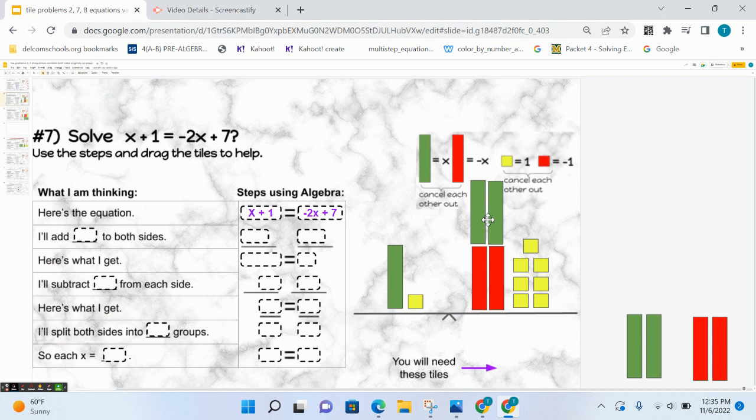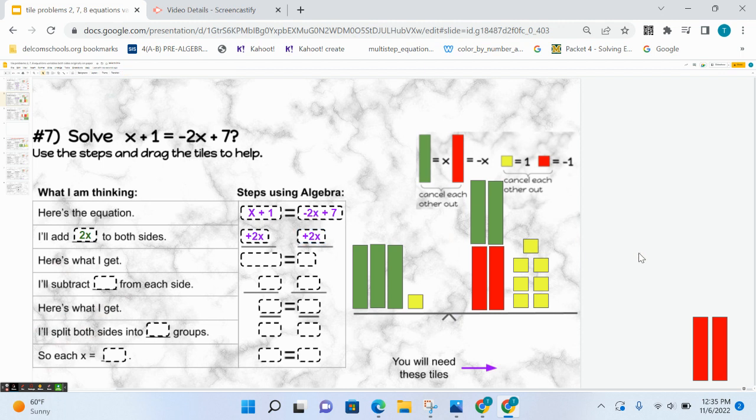They will cancel. So I could add 2 green rectangles to the right to get rid of the 2 red rectangles. But I do have to make sure I add 2 green rectangles to the left. I've got to do the same thing to both sides. So that would be my first step. I'm going to add 2 x's to both sides. So I'm going to write in plus 2x on the left, plus 2x on the right.